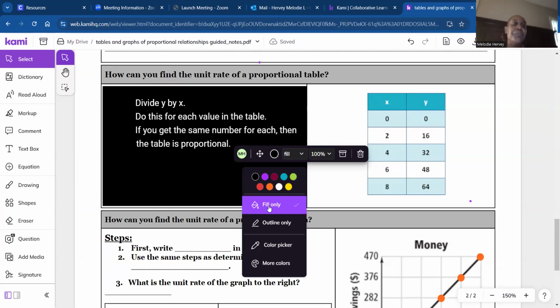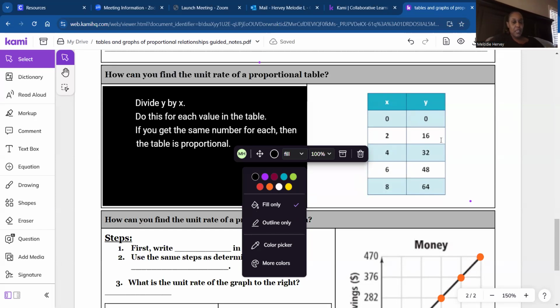That was magic. So instead of filling in the blanks right there, I'm going to give you my steps to get the unit rate of a table. So the first thing you do is divide y by x. Okay, so you may want to write this down somewhere, like over here on the side, or you could just put it in your notebook.